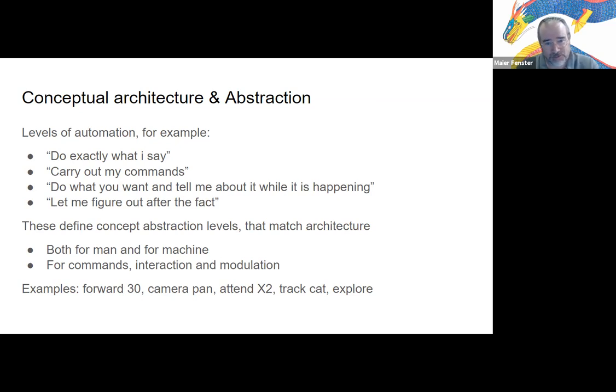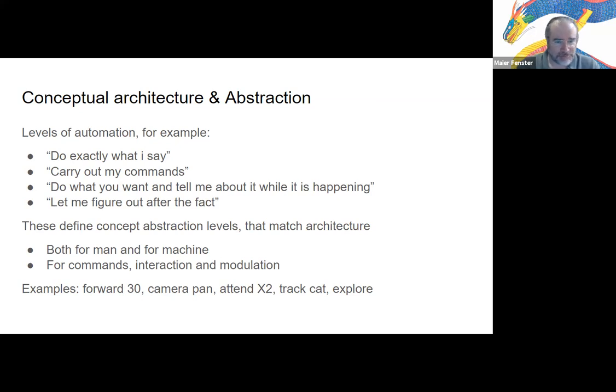Which means that right now, I need to define what the human can do in a way which I hope an AI will be able to do. So here's a few examples at the bottom. Right now we have a command forward 30, which means run the move forward action group 30 times and you move forward. Camera pan, that tells you to move around. Attend.